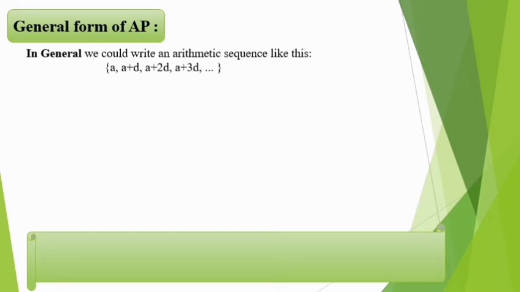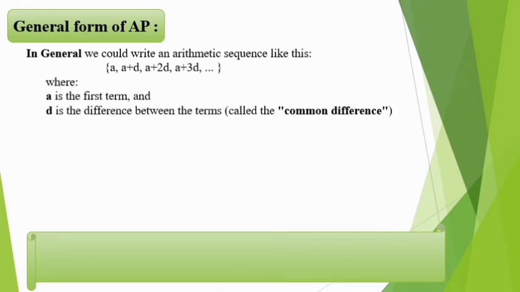D, which we also call the common difference. And how do we get the third term? A plus D plus D, which means A plus 2D, and so on. Here A is the first term and D is the difference between the terms, called the common difference.